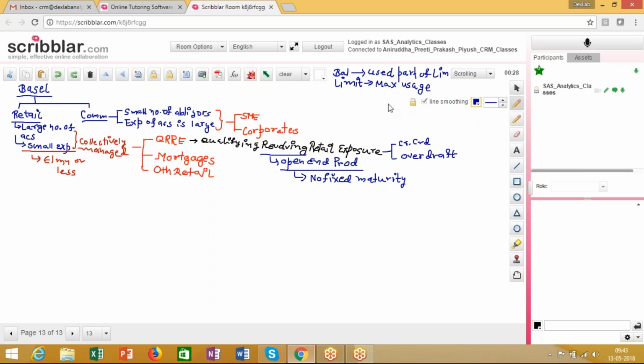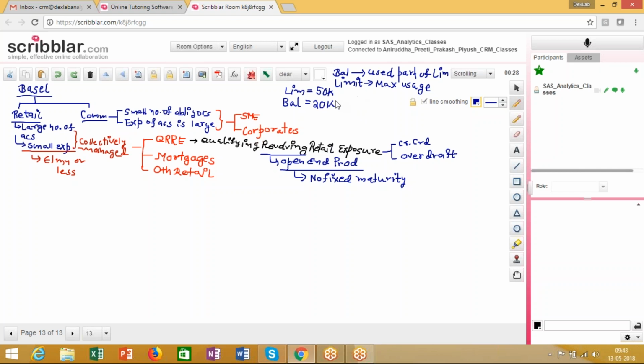Now, the balance is the used part. So suppose I have a limit of 50,000 and I have a balance of 20,000.